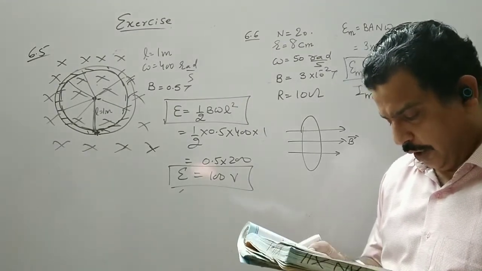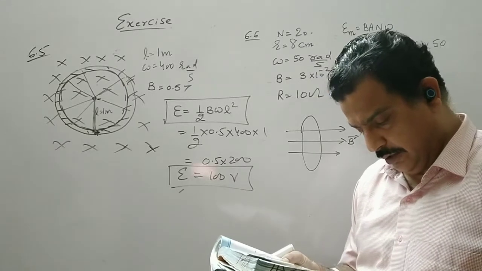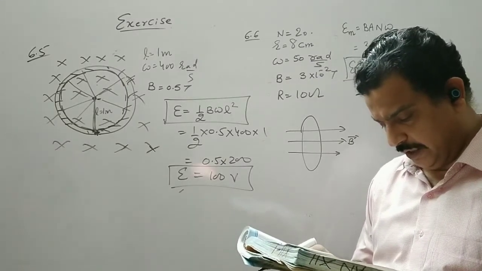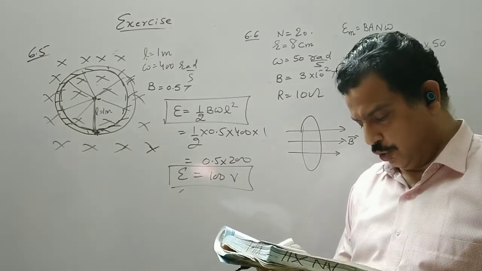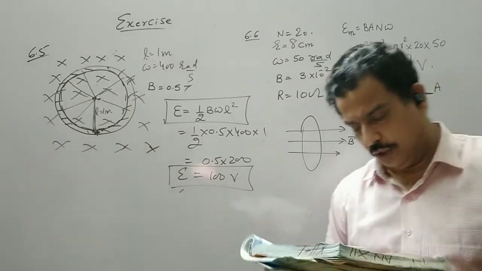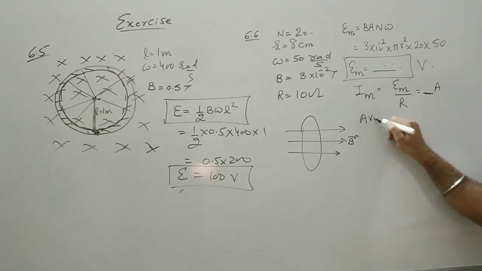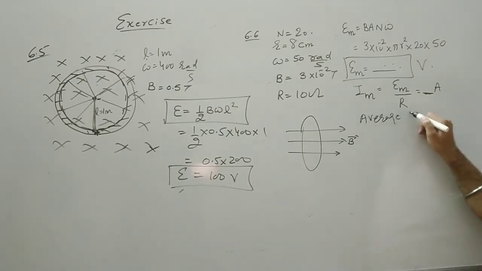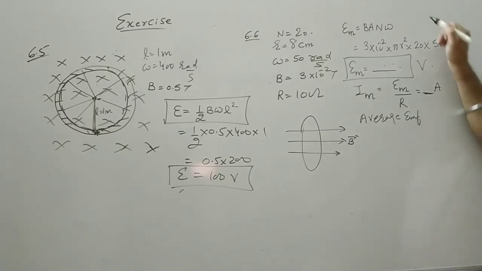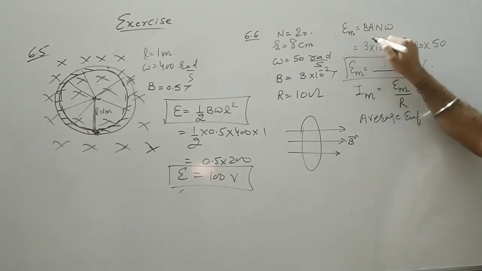Now you have to find out what is the average power loss due to Joule heating effect. Also we have to find out the average EMF. So average EMF, now we know the formula for the EMF. This is for the maximum EMF induced.